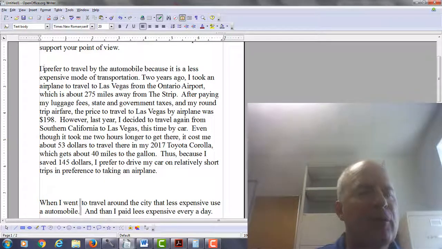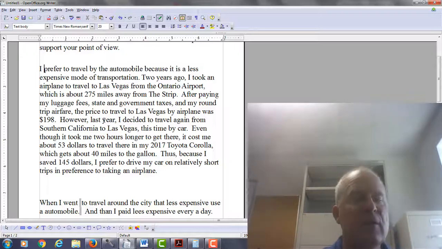So it says, I prefer to travel by the automobile because it is a less expensive mode of transportation. 2 years ago, I took an airplane to travel to Las Vegas from the Ontario airport, which is about 275 miles away from the Strip. After paying my luggage fees, state and government taxes, and my round-trip airfare, the price to travel to Las Vegas by airplane was $198.